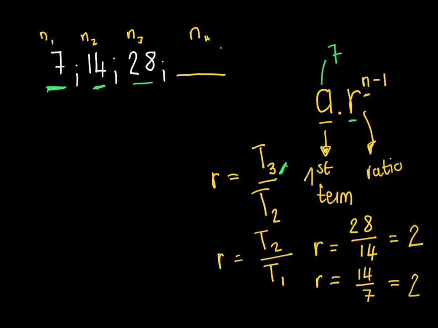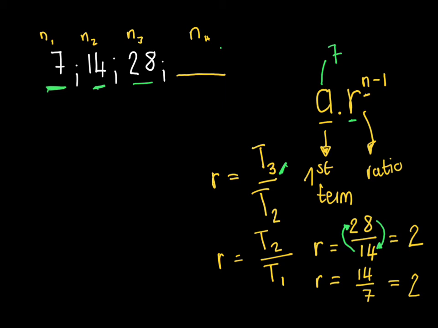So what we've actually seen here is that our common ratio is just multiplying by 2, because over here we've divided to get from our third term to our second term, and we've gotten 2. So if we were to multiply our second term by 2, we would get our third term.